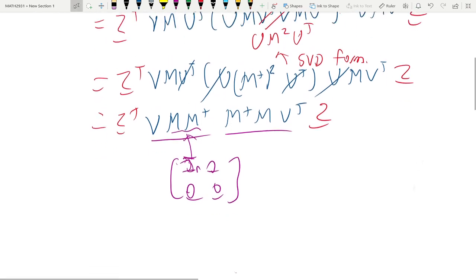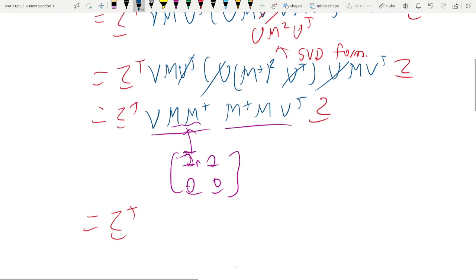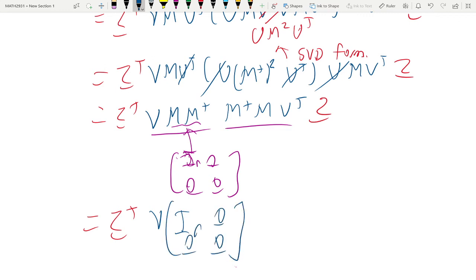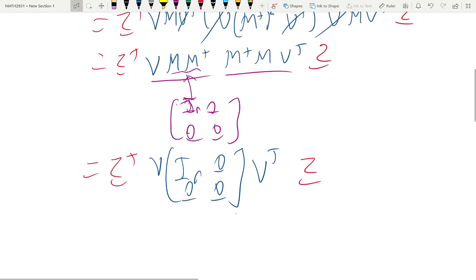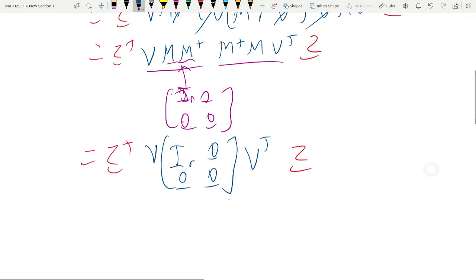And so you end up with a slightly reduced orthonormal multiplication, kind of. If I represent it again, it will be something like I_R, 0, 0, 0, V transpose Z. So only the first R columns are being included.